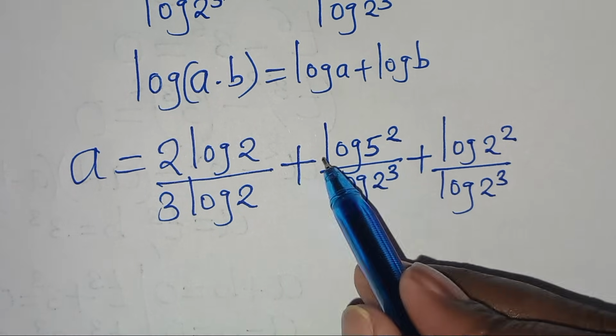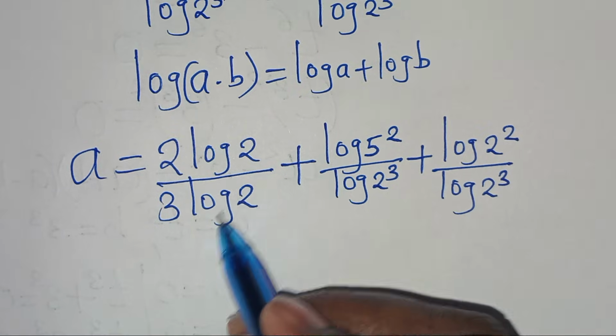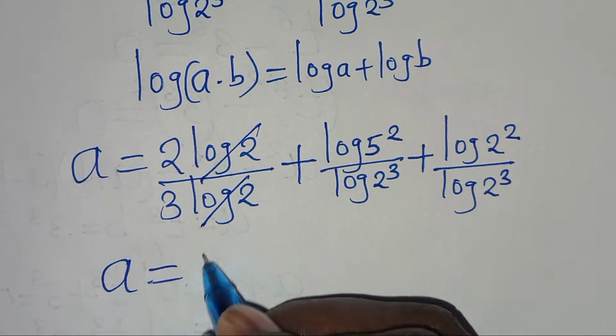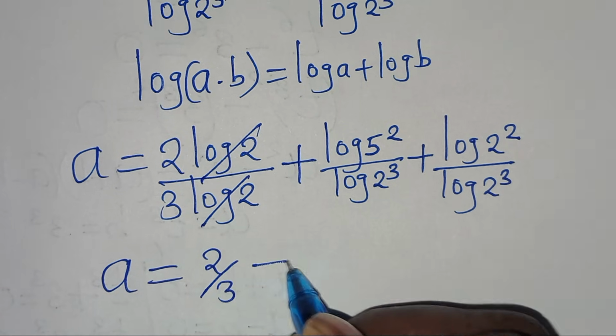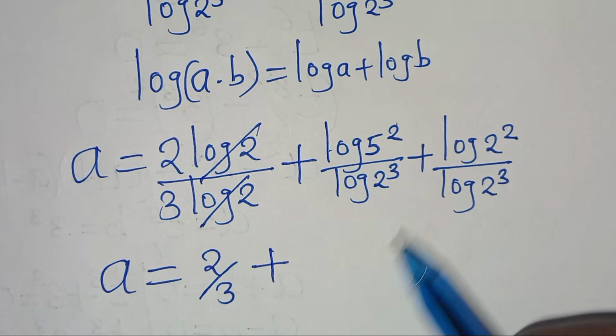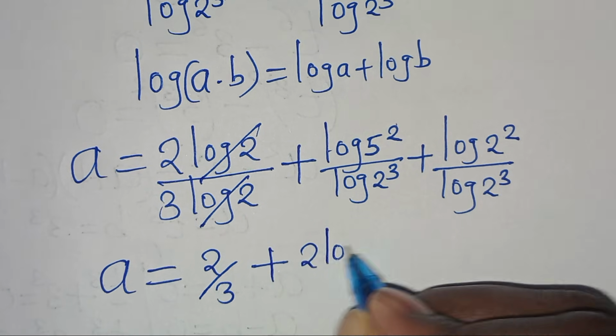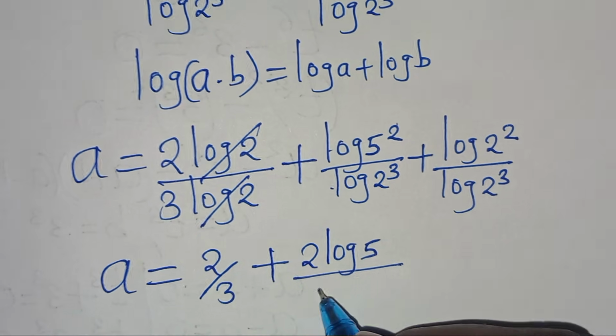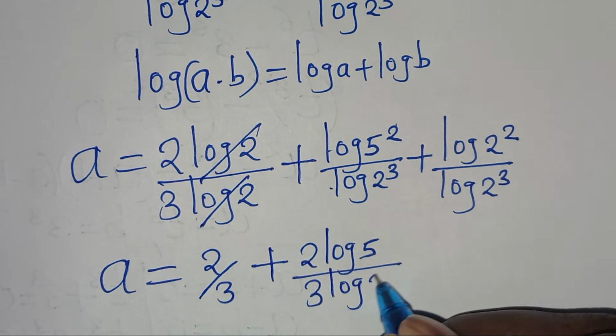So let's apply the power rule property again here. We have log 2 and log 2 simplifies so that a is equal to 2 over 3. Then plus log 5 to the power of 2 becomes 2 log 5, divided by log 2 to the power of 3, which becomes 3 log 2.